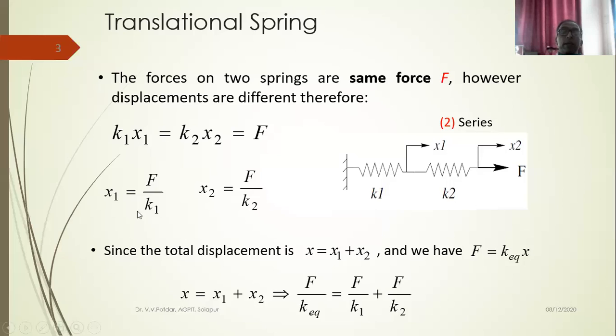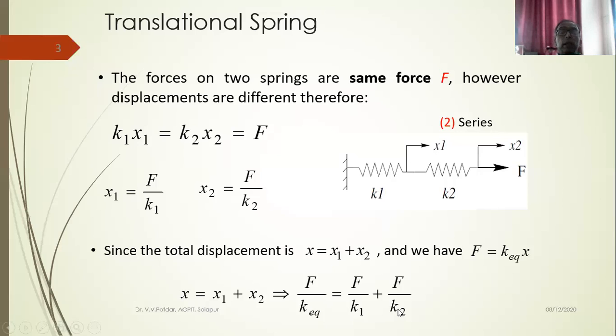If you solve for X, X is F upon K equivalent, which is equal to F upon K1 plus F upon K2.